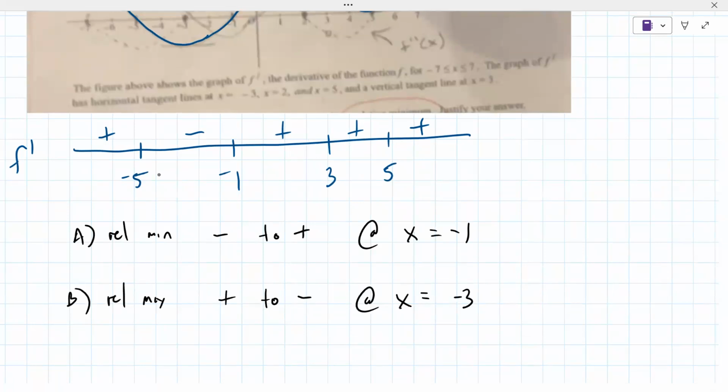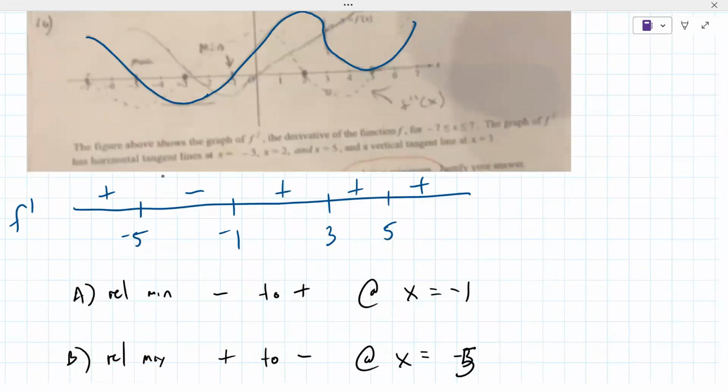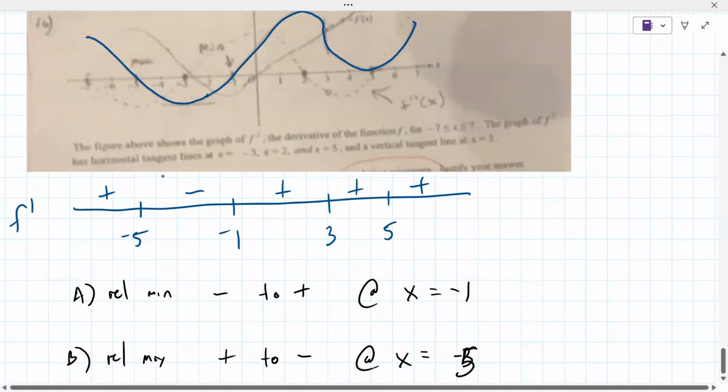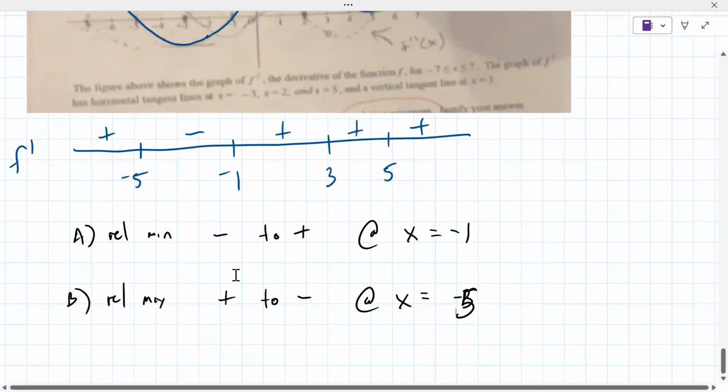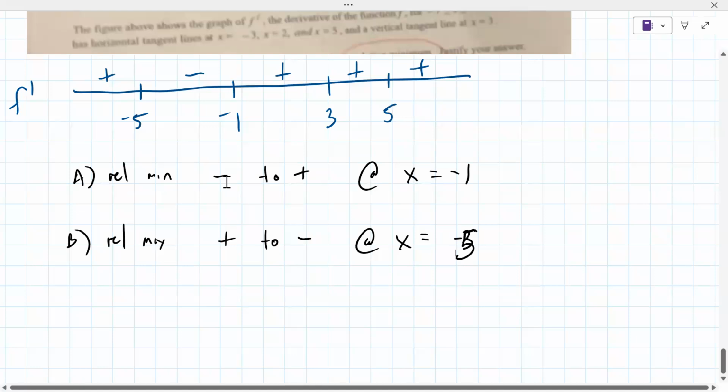No, sorry, -5. And you have way too many words. This is sufficient. You don't need to dress it up. Teachers don't want to read this unless your teacher says otherwise. Just writing negative to positive is justifying, right?